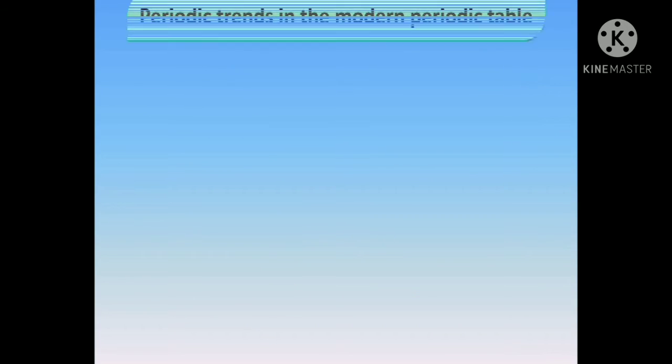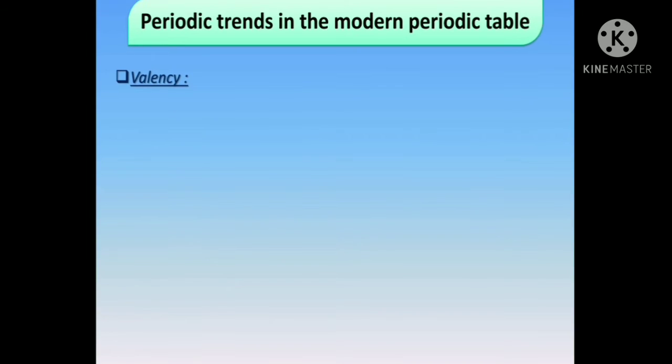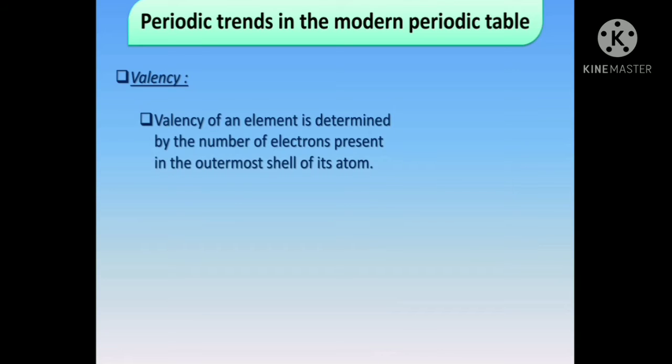Let us start with the periodic trend in the modern periodic table, that is valency. Valency of an element is determined by the number of electrons present in the outermost shell of its atom. Let us have a look at the hydrogen atom.